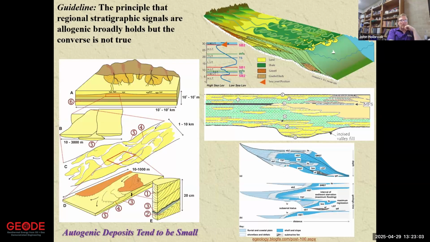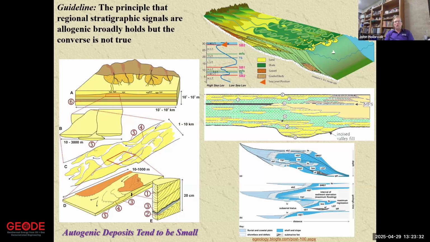Okay. Now, one thing that we notice is that when we talk about allogenic processes like sea level change changing the system, we generally say they're regional. If something is regional, like I made a major sequence boundary that I can track over states, that is a real external change to the system.